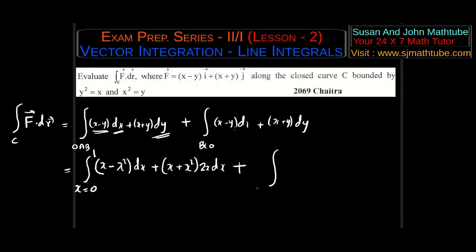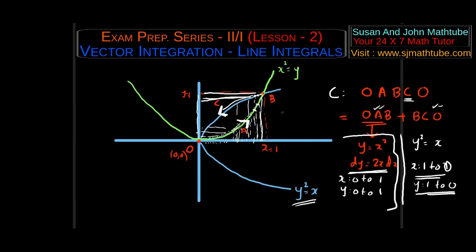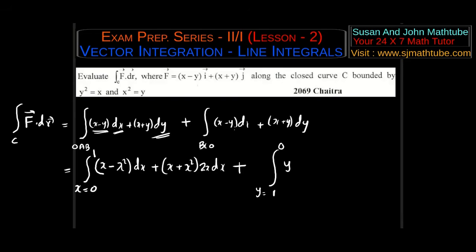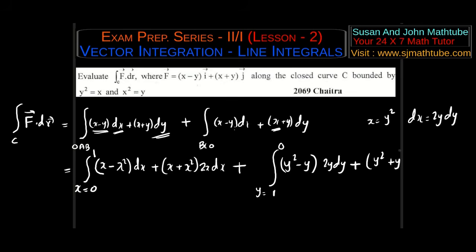So the limits are y equal to 1 to 0, and x is going to become, look at this, the blue parabola is x is equal to y square. So I have to put y square minus y. So x is equal to y square means dx is equal to 2y dy. So 2y dy plus again x, that is y square plus y, into dy.